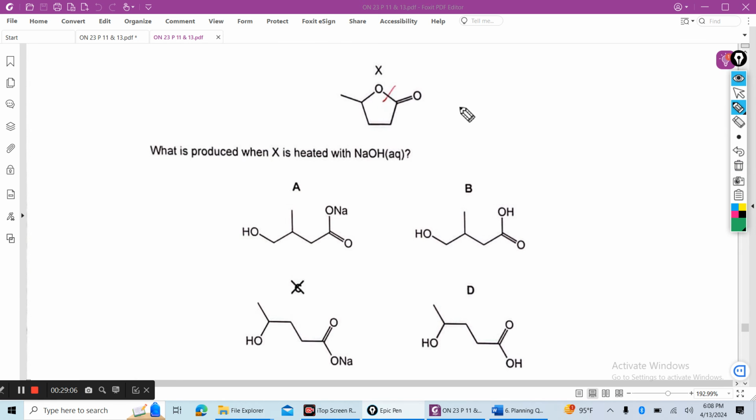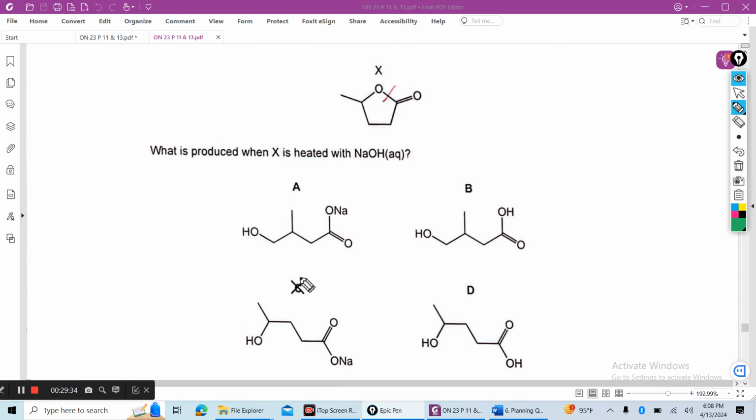So it will break down here, this alcohol will be formed, then OH bond, then CH2, then this carbon COONa, sodium salt of carboxylic acid plus alcohol is produced.